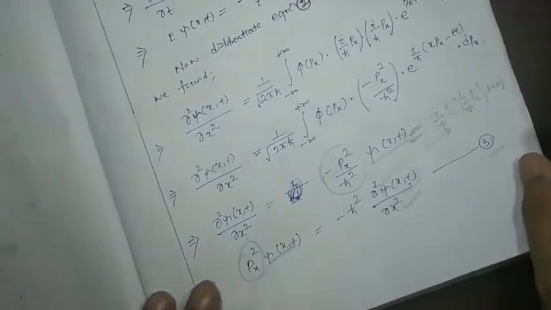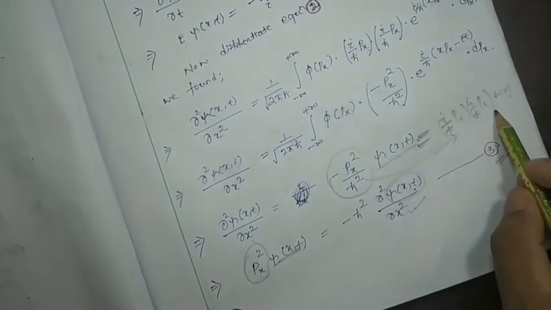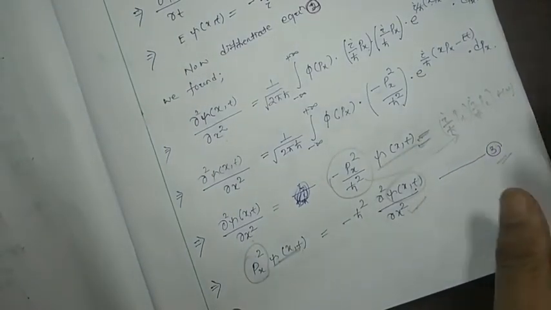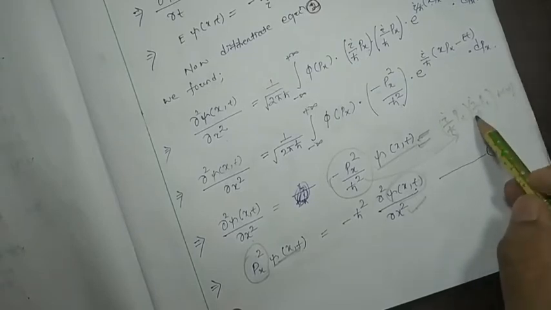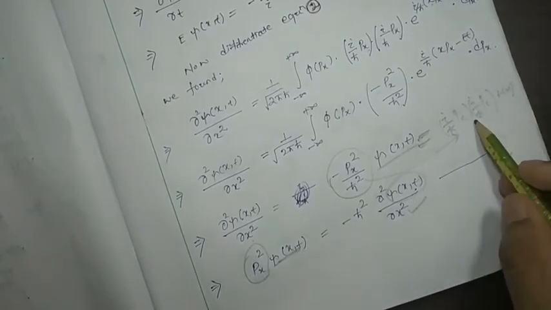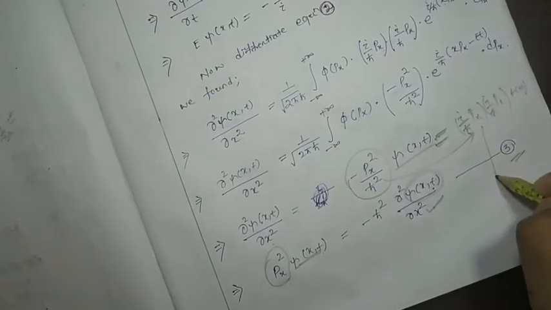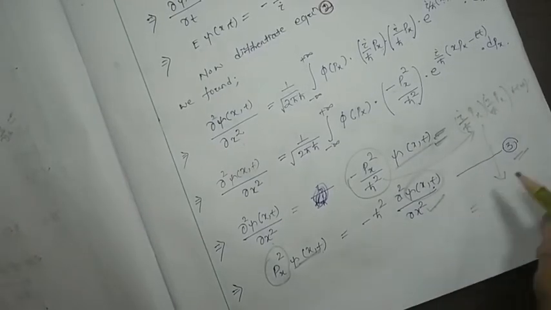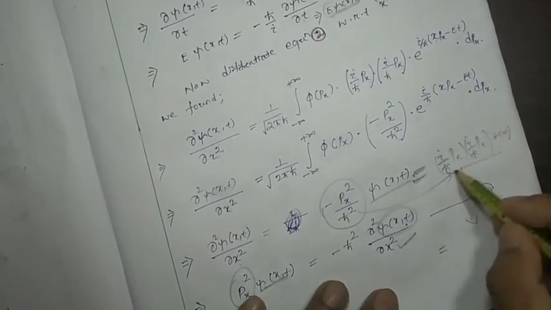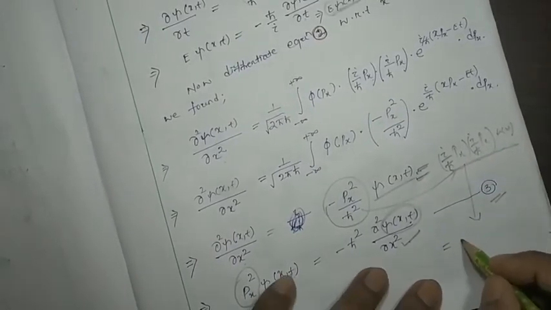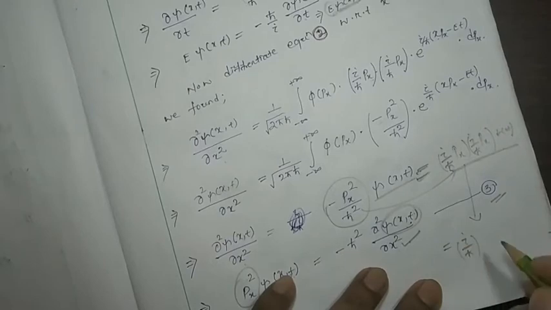Okay, so if we write only px square, this will be this term. This is nothing but i by h cross into px square psi(x,t), right?